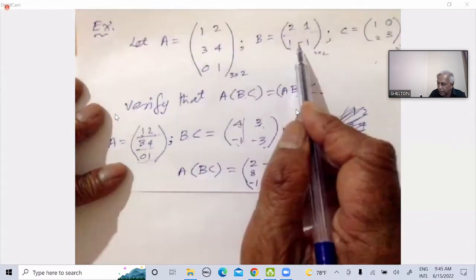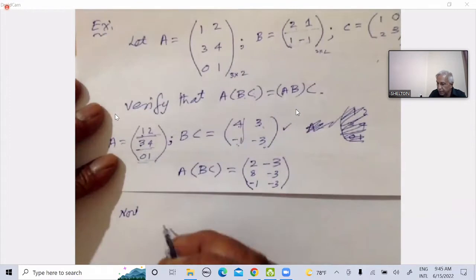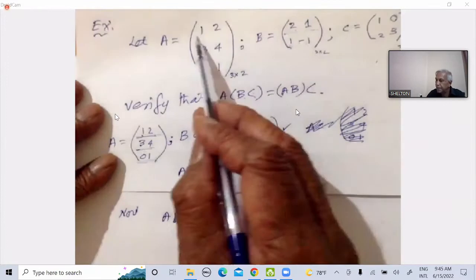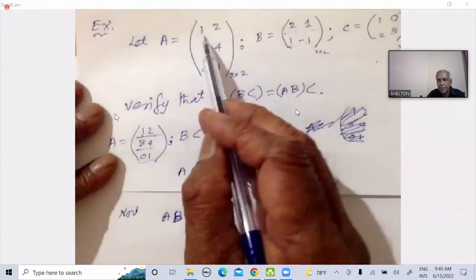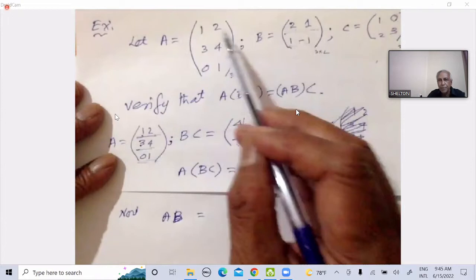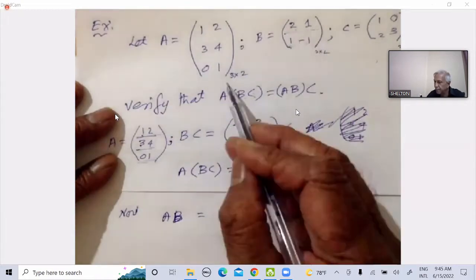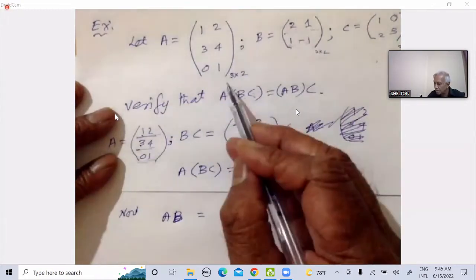Now AB is equal to this times this. 2 times 2, 2 times 2 is 4. AB is going to be 3 by 2.